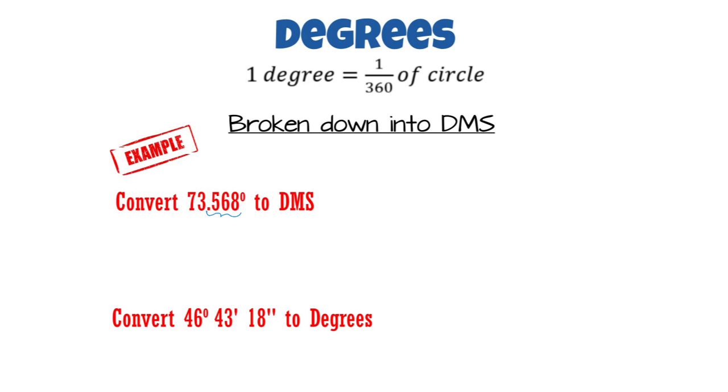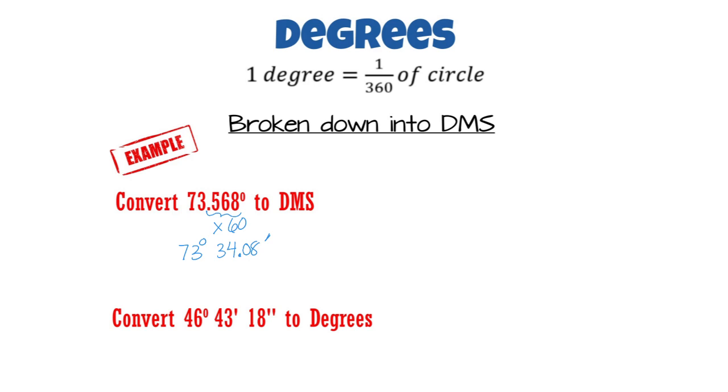Now, I am not doing tons of examples, so you need to take some good, clean notes so you can come back to this stuff. I'm taking the decimal part times 60. What I get then is 73 degrees and 34.08 minutes. Minutes are marked with a little hash mark up there.